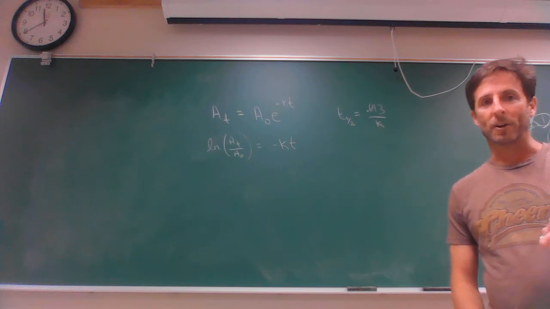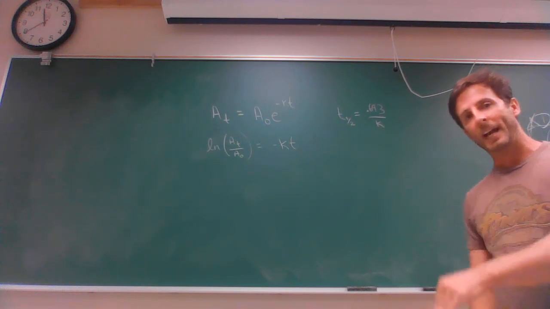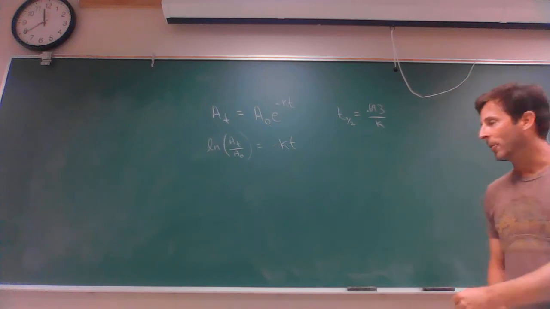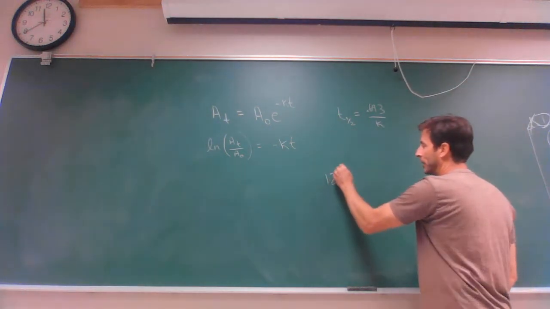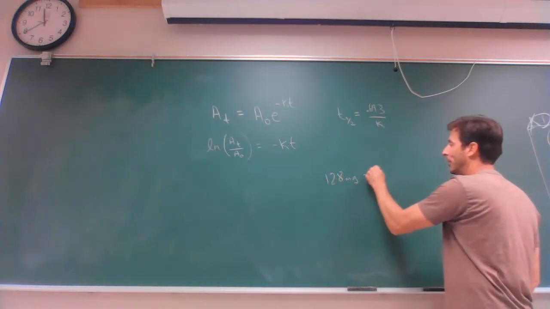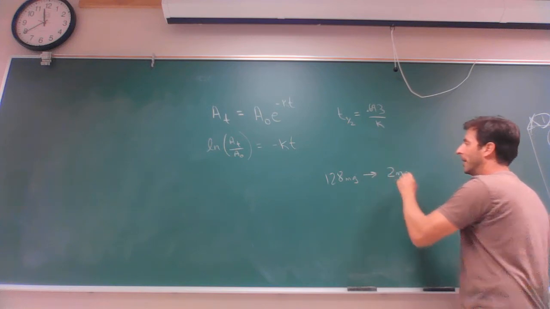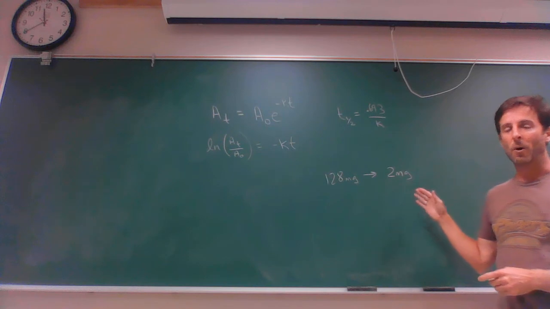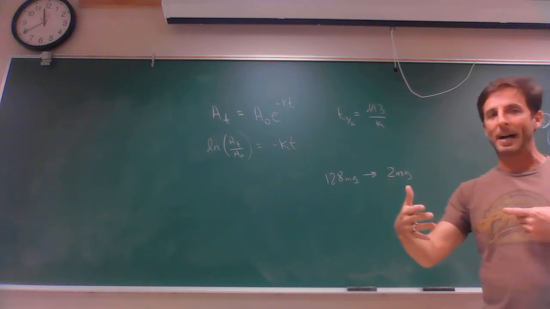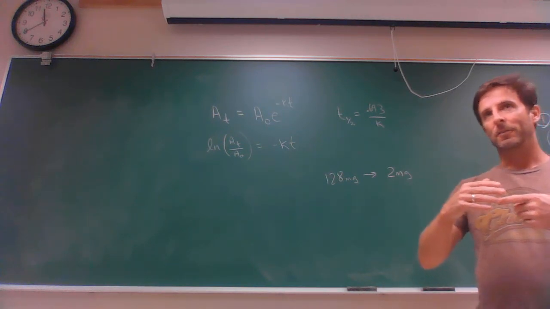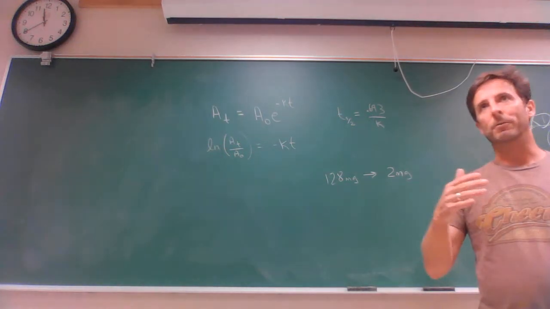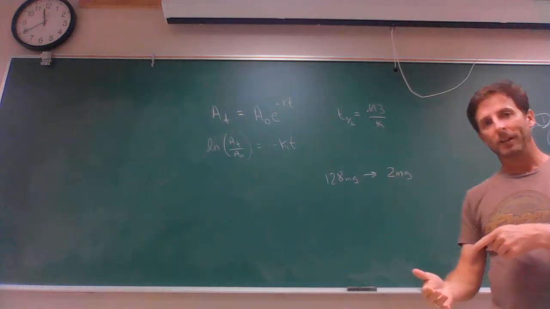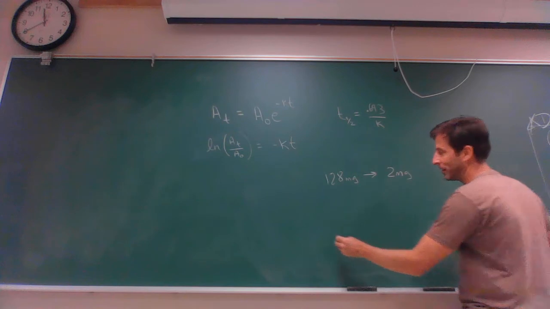Divide by 2 gets to 32, 16, 8, 4, 2. So to go from 128 milligrams down to 2 milligrams, I can get there by dividing by 2 over and over again. So that tells me that the amount of time that's passed is a multiple of the half-life. So I'm going to use my simplified equation.